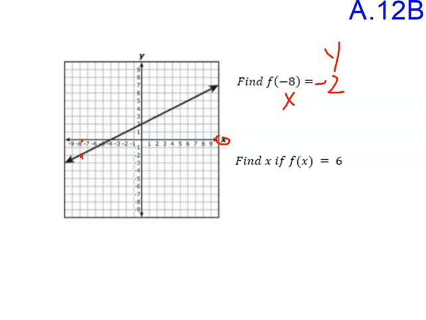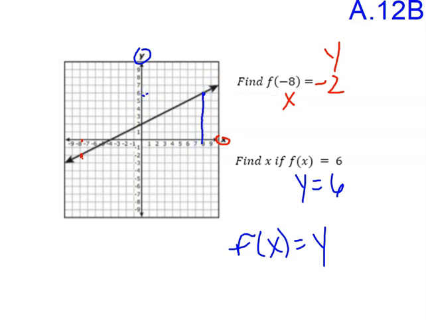All right, now if we look at this next value, it says find x if f of x equals 6. Now, you remember earlier I said f of x equals y. So if this is saying f of x equals 6, it's technically saying y is 6. So if I go to my y-axis and I go up to 6 and I go over, bam, there's my value.